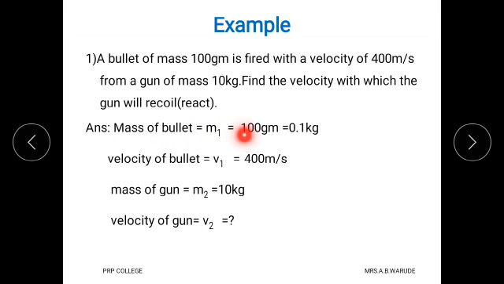We use the symbol m1 and its value is 100 gram, which in kilogram is 0.1. Then it is fired with a velocity of 400 meter per second, that is the velocity of the bullet. Therefore v1 equals 400 meter per second. The next value given is the mass of the gun. Therefore m2 is equal to 10 kilogram, and we have to find the velocity of the gun, that means the recoil velocity of the gun.